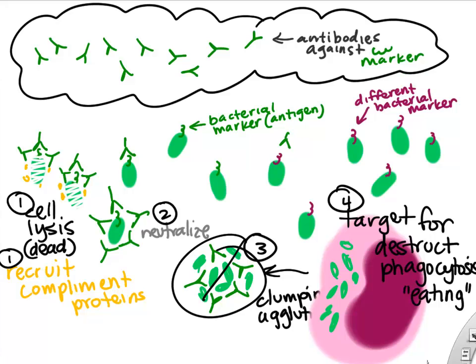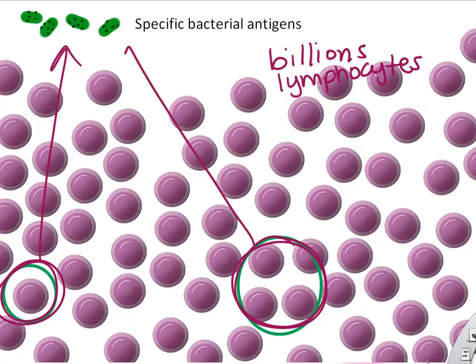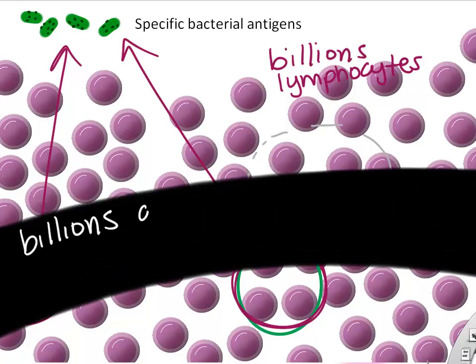So antibodies have a lot of powerful defense actions, but they're very specific. They will only work against the original marker that they were designed against. So imagine you have billions and billions of lymphocytes. Anytime you get a specific infection, only a small group of those lymphocytes are programmed to defend you against that specific invader.